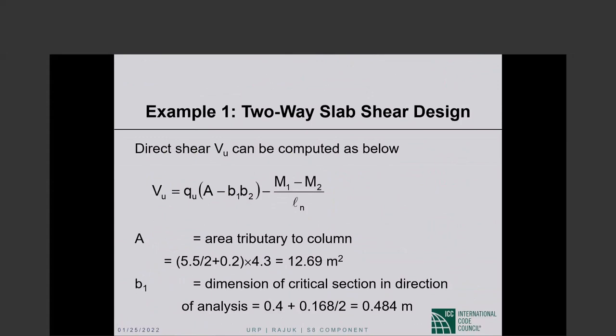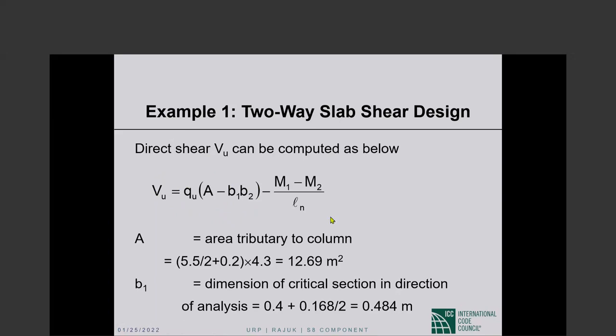So direct shear V sub u can be computed as follows. V sub u is q sub u, the loading on the slab, multiplied by the area tributary to the column, minus the load sitting outside of the critical section. So far, absolutely nothing different from what we have said before. So V sub u is the load sitting on the slab panel outside of the critical section.